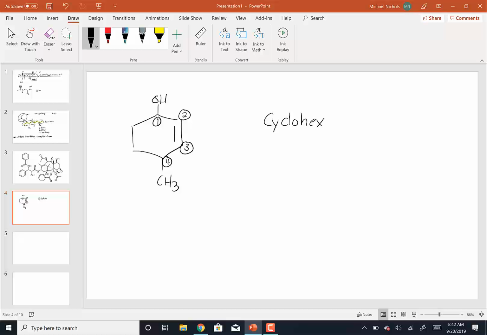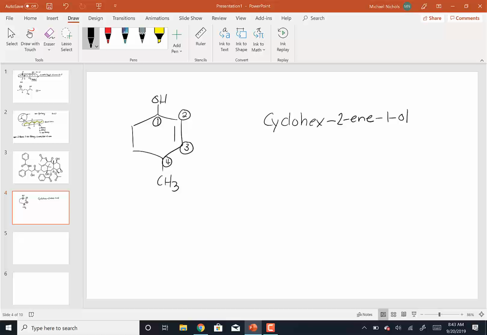So in this case, this is a cyclohex. The OH group has the higher priority, so it comes last. So this would be a cyclohex-2-ene, and then 1-ol. Do I want to put the 1 here or not?